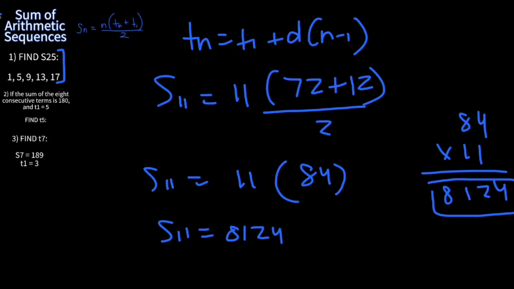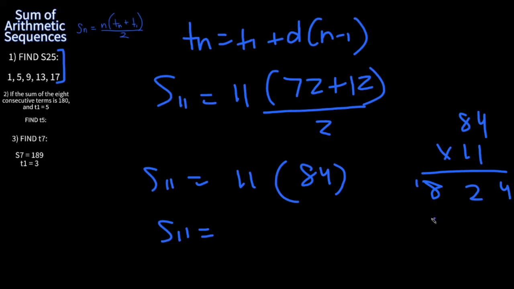Oh, sorry, no, my bad, I did that wrong. So you pull out the first and second digit, and then you add them together, which is 12, and you write 2 there, and when it's above 10, we add the 1 over here, which is 1 plus 8 is 9, so 924. So the sum of 11 is actually 924.